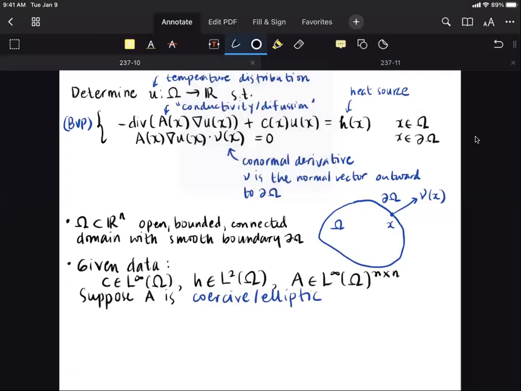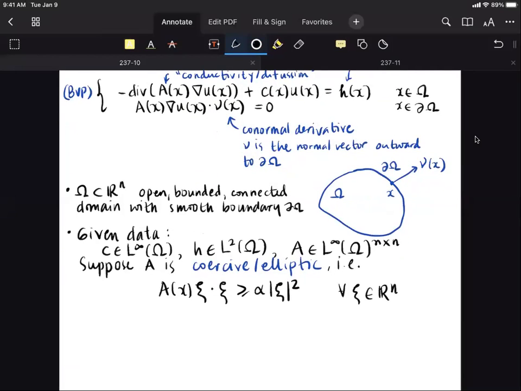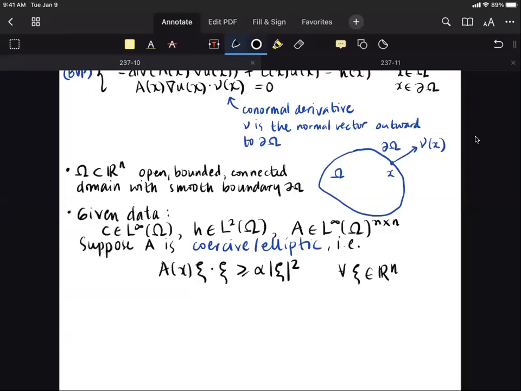And by this, we mean that A of x times a vector xi in Rn, taking the dot product with xi, is greater than some constant alpha times the Euclidean norm of xi squared, for almost every x in omega.